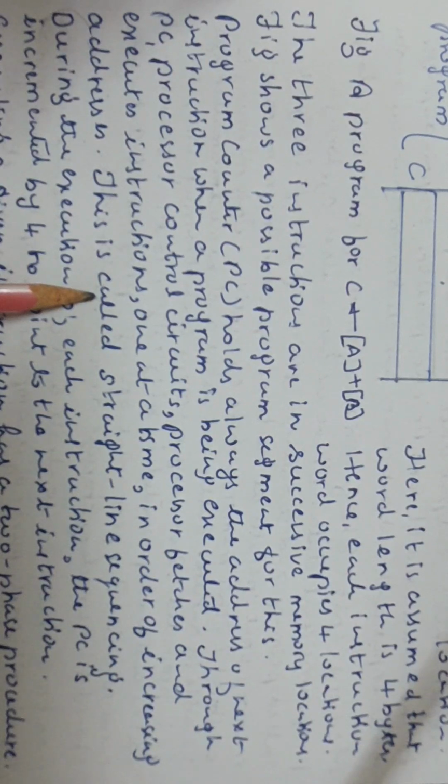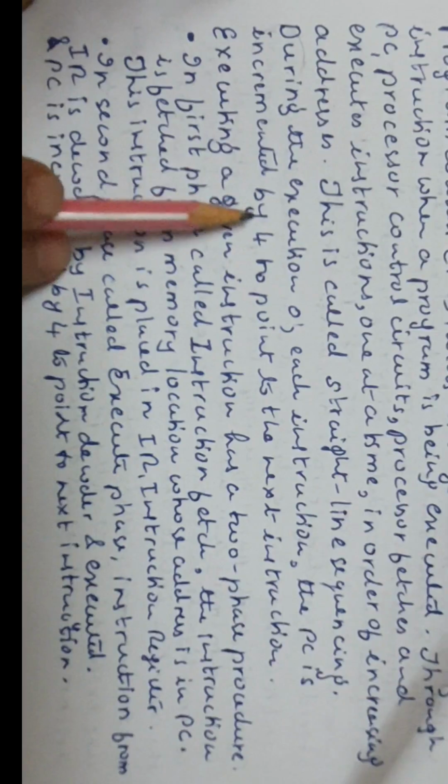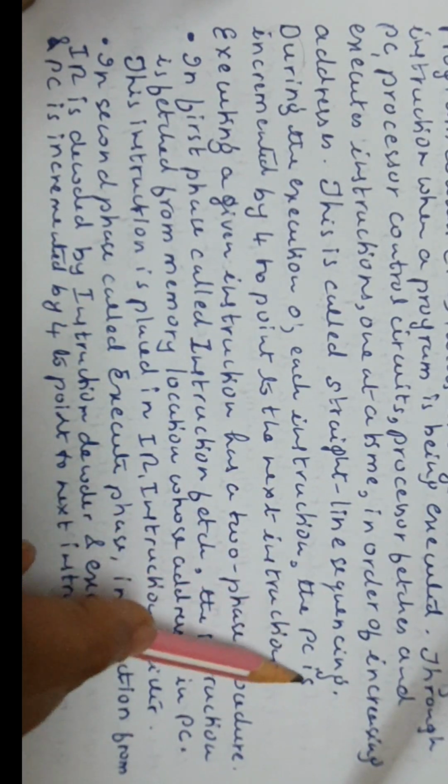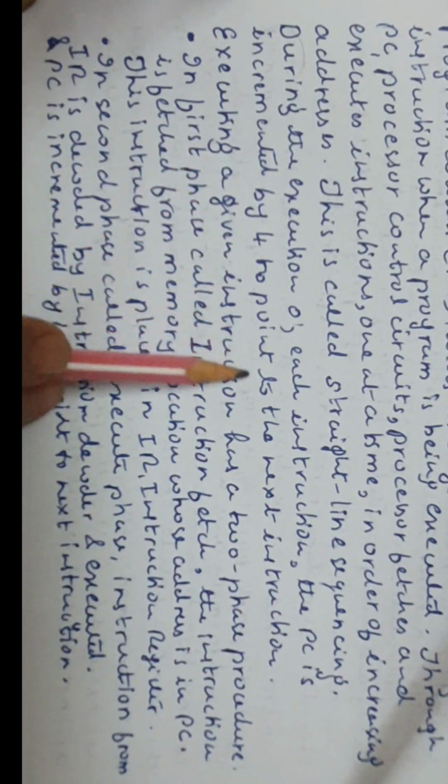Each time an instruction is being executed, the program counter will store the address of the next instruction. The processor control circuit will utilize this. Hence the instructions of the program will be executed in sequence. That is called straight line sequencing. Okay. During the execution of each instruction, the PC is incremented by 4 to point to the next instruction.